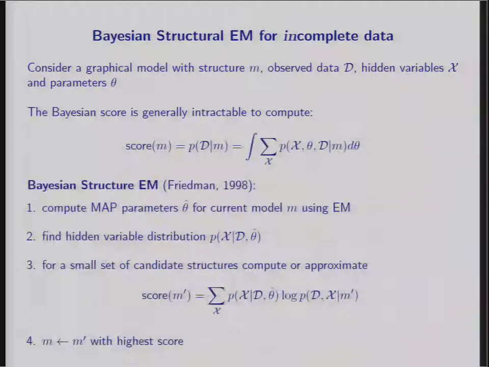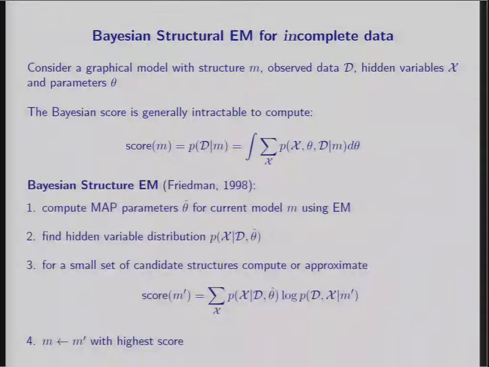You compute MAP parameters for a current model M using the EM algorithm. So you have a current graph structure, you compute your MAP parameters, and then you do the E step to find your distributions over the hidden variables, which might involve some message passing or belief propagation or whatever.